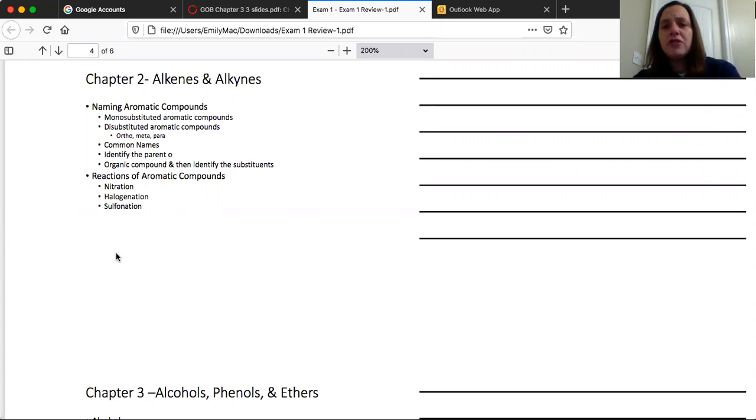Aniline also would take priority over the methyl group. Okay, so what if it's aniline and phenol? Phenol would take priority, but I'm not going to put both of those on there. I may put methyl with those, but I won't put NH2 and OH together.